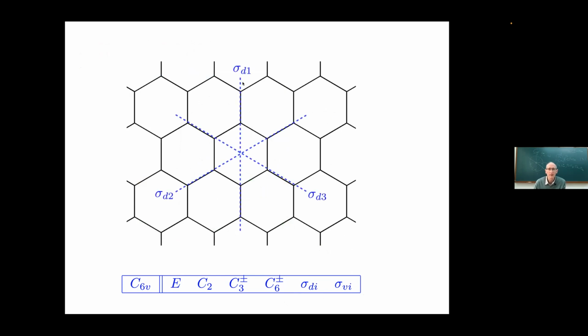The sigma d's are these, sigma d1, sigma d2, sigma d3, and the sigma v are these 3. So a total of 6 mirrors. And you see that the lattice is perfectly symmetrical with respect to these reflections. So all in all, this is the group C6v, very similar to the group C3v that we've been studying. It's just I have more rotations and 2 sets of independent planes.